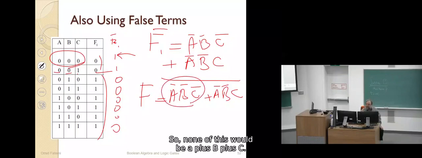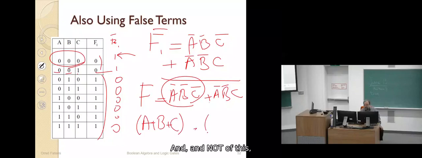So knot of this would be A plus B plus C and knot of this A plus B plus C naught. So this would be F.